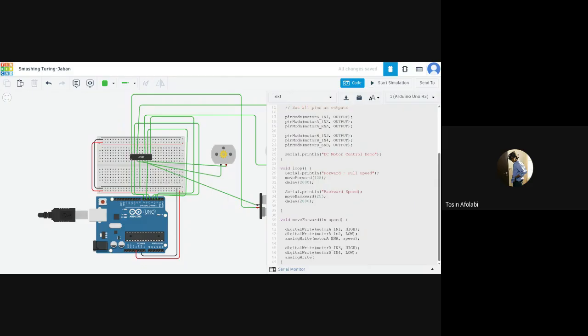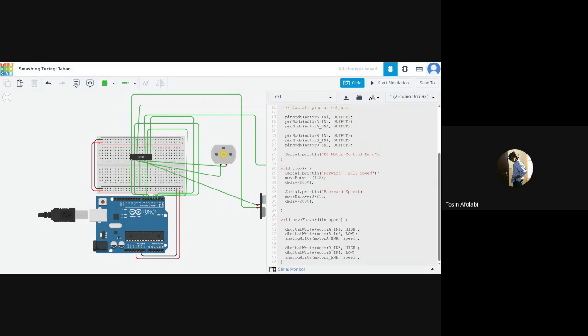That's going to be motor B underscore, that's going to be ENB, yes, this is going to be speed. Okay, close parentheses. And that's all for the move forward function.